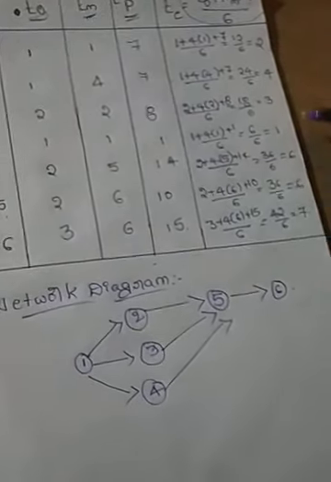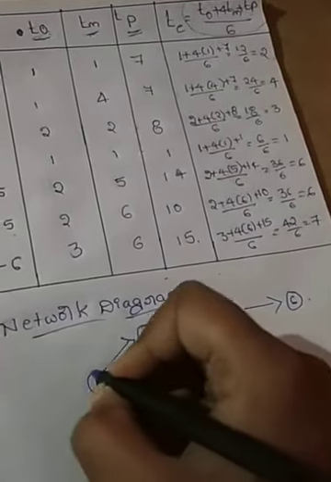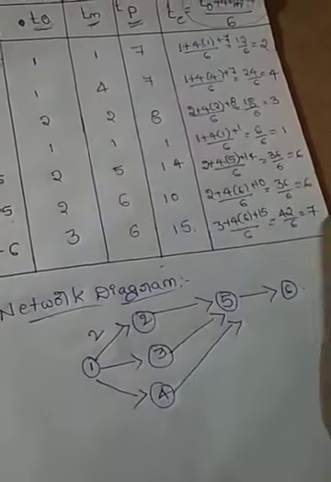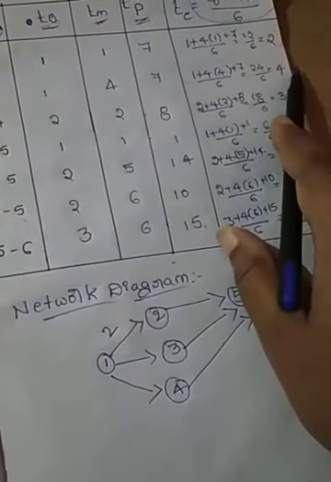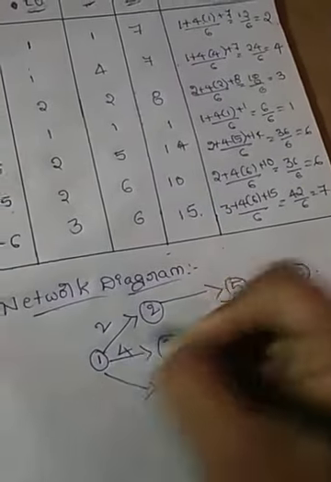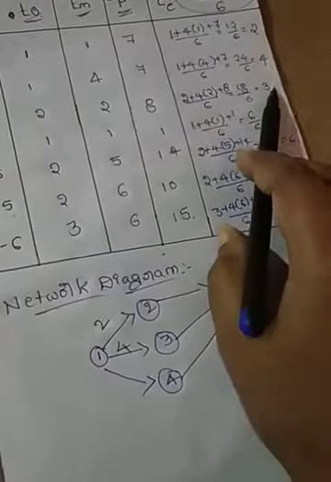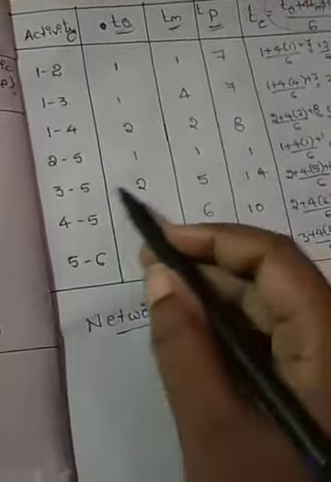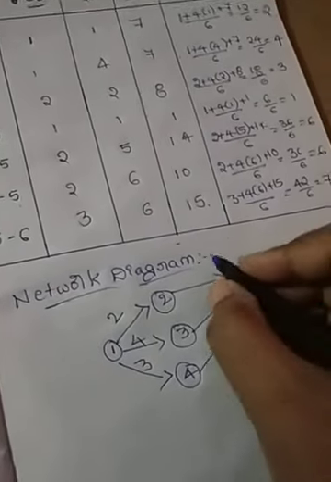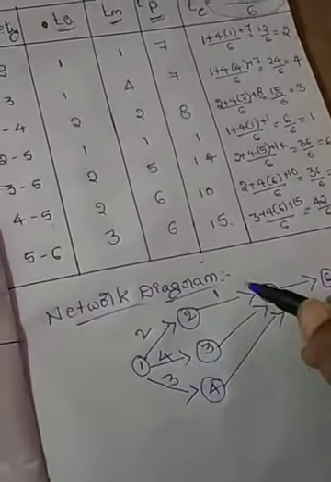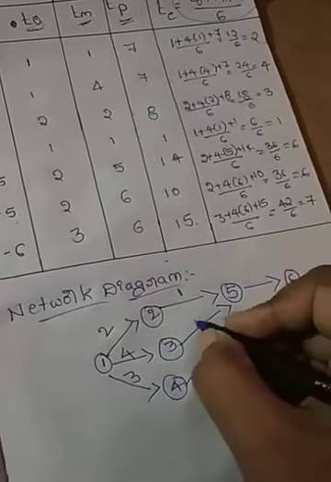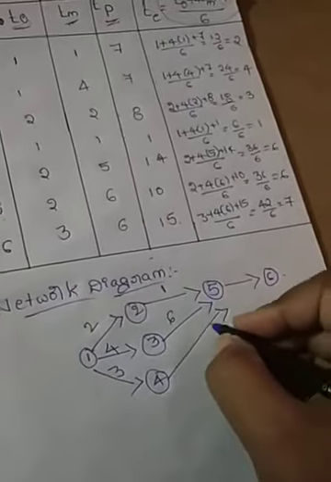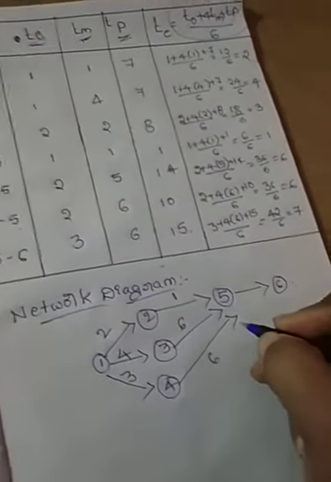So we have found the estimated times: 1 to 2 is 2, 1 to 3 is 4, 1 to 4 is 3, 2 to 5 is 1, 3 to 5 is 6, 4 to 5 is 6, and 5 to 6 is 7.